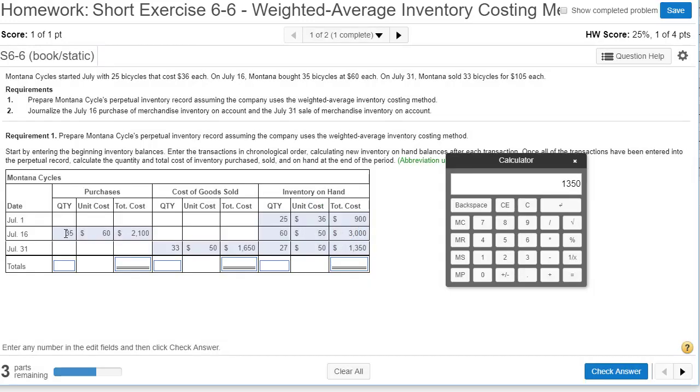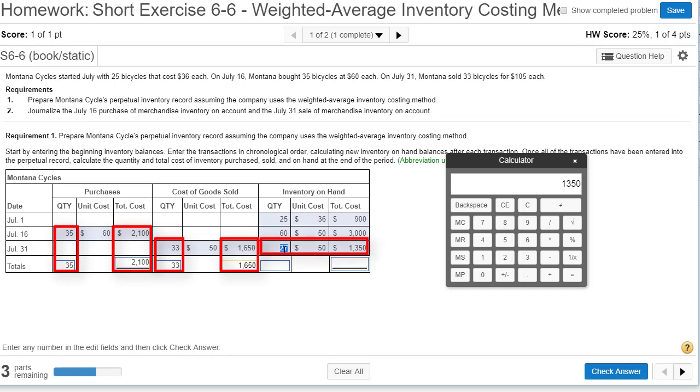Now we're going to calculate the totals. The amount purchased is 35. The total cost was $2,100. Copy that, paste it. How many did we sell? We sold 33 for a total of $1,650. Copy and paste that. Now the remaining inventory on hand, we just look at the last layer.